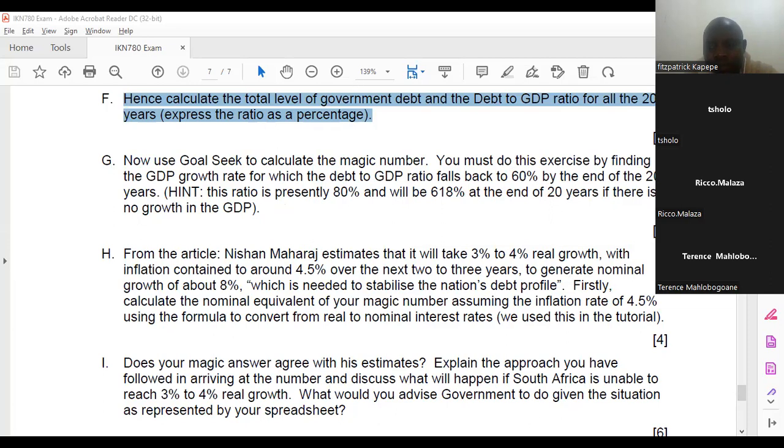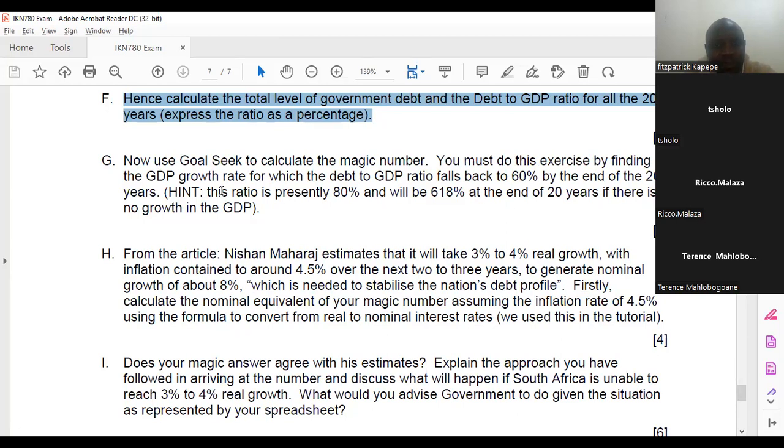Okay, so that shouldn't be a problem. Now use Goal Seek to calculate the magic number.